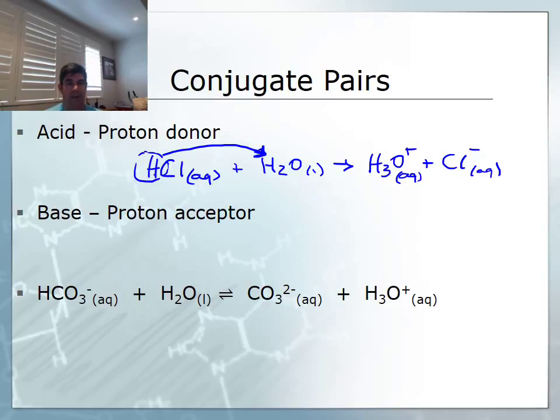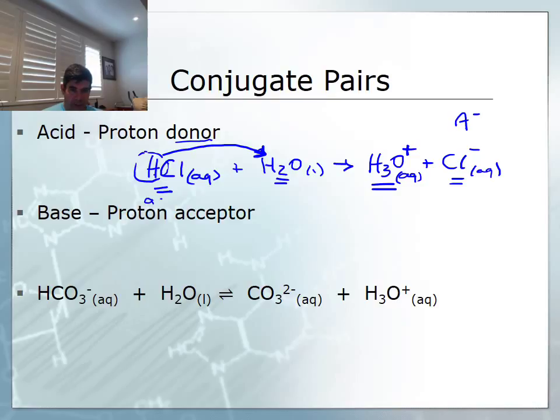So this species has donated a proton to the water molecule, and therefore the water molecule has become a hydronium ion, that's a plus. And that leaves the hydrochloric acid with a Cl- ion, the anion, an A-, which is consistent with what we've looked at before.